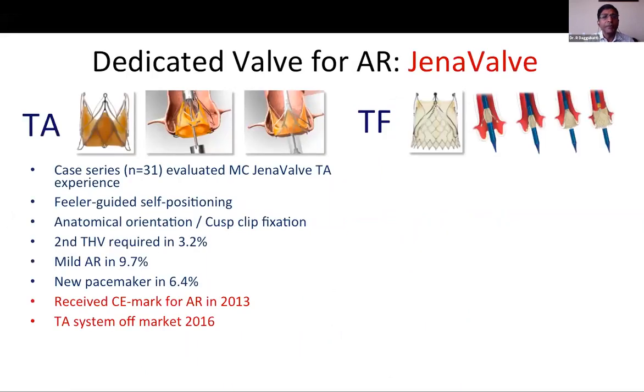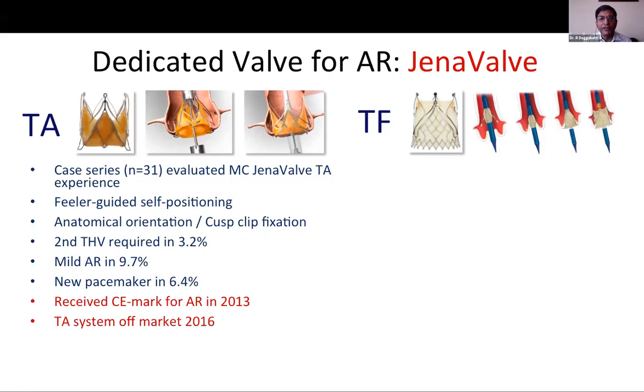So that said, do we think we can fix all AI with just one type of valve like S3? I don't think so. So I think more iterations are going on with the Jena Valve, and initially it started off with the transapical and was CE marked for treatment of aortic regurgitation in 2013.